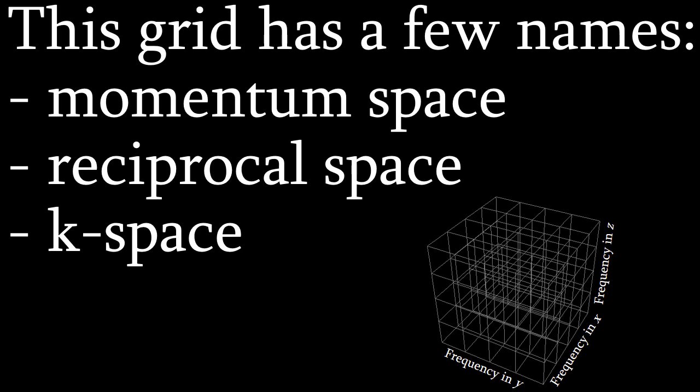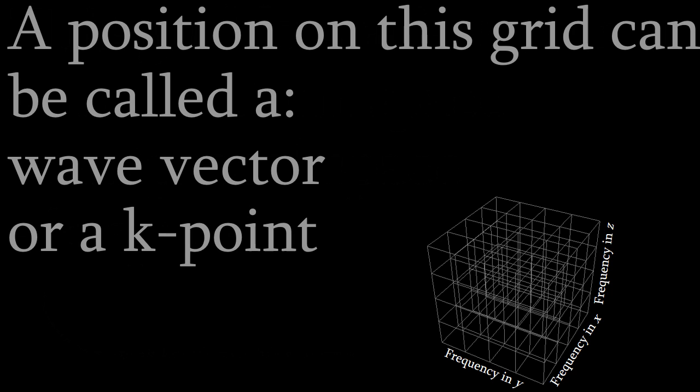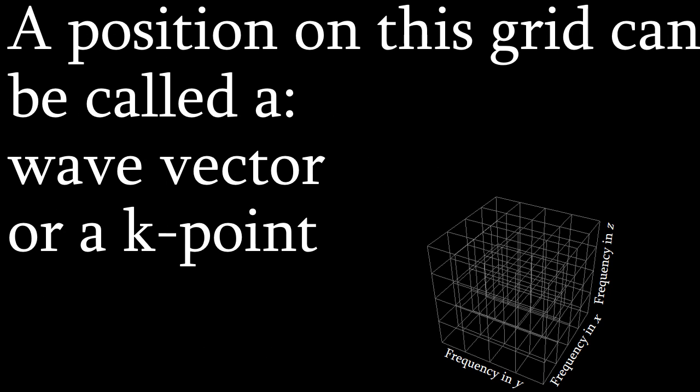This grid has a few names: momentum space, reciprocal space, or K-space. K-space is shortest though, so it's the most common. A position on this grid can be called a wave vector or a K-point. For example, you can have a K-point of 0, 0, 0.